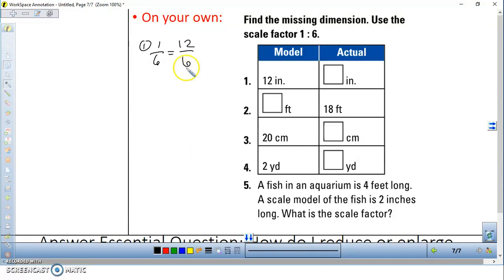Now we're going to figure out what times 1 is 12. What's 6 times 12? That's 72 inches. That's all you're going to be doing here.